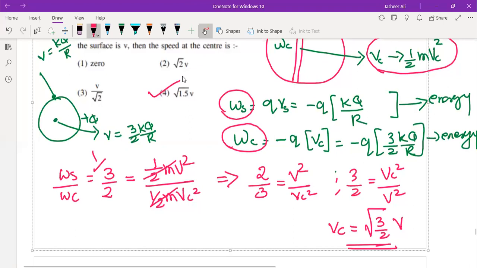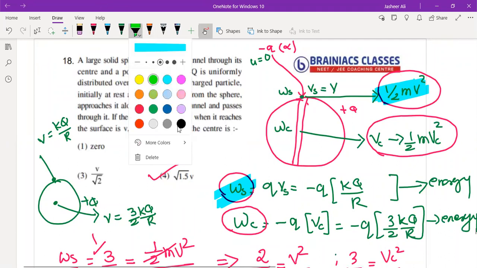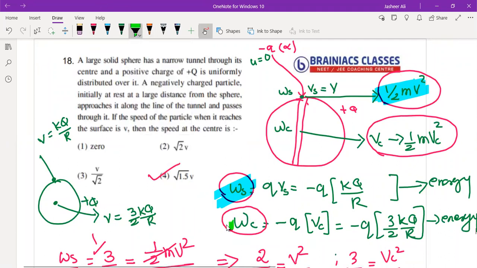Generally, we connected the electrical energy equation with the kinetic energy equation. We connected W s with these, and they are equal. Then W s means electrical work, the electrical work at the surface, which will be equal to the mechanical energy. That is the basic principle of energy conservation.